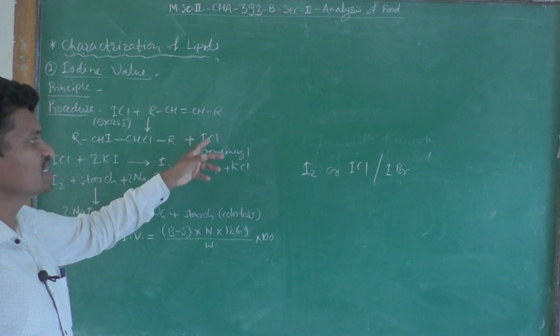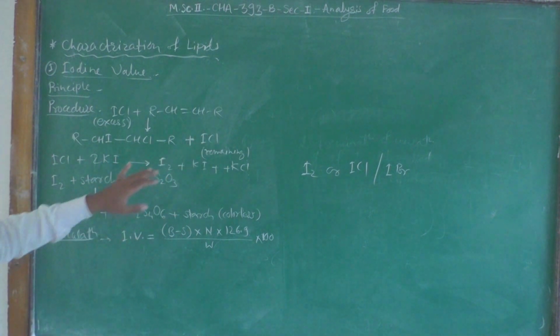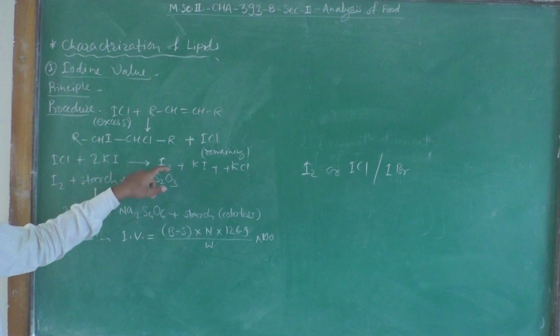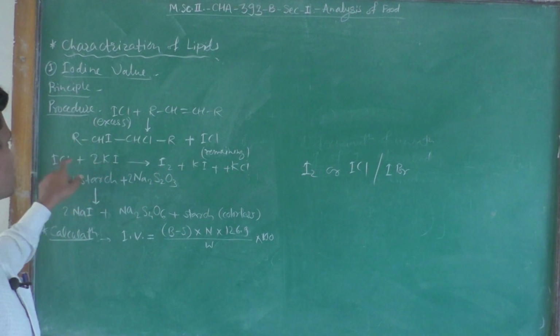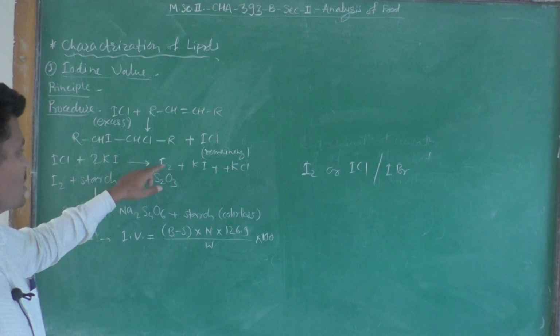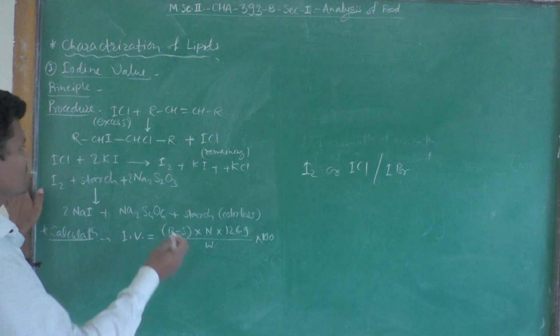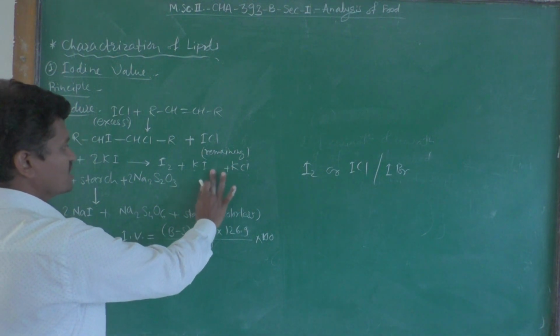Then that remaining iodine chloride is reduced into I2 by using potassium iodide. So potassium iodide is treated with this ICl, and it is reduced to I2, and for balancing the reaction we have KI and KCl.